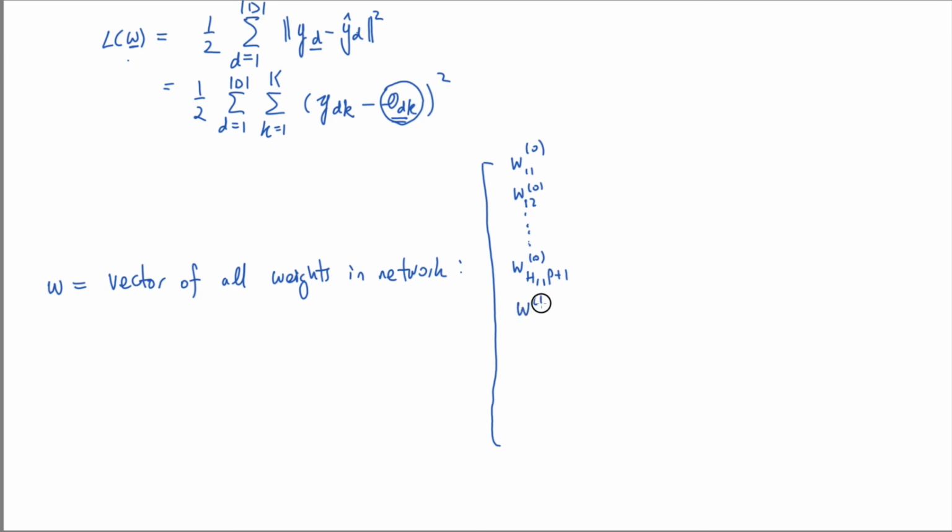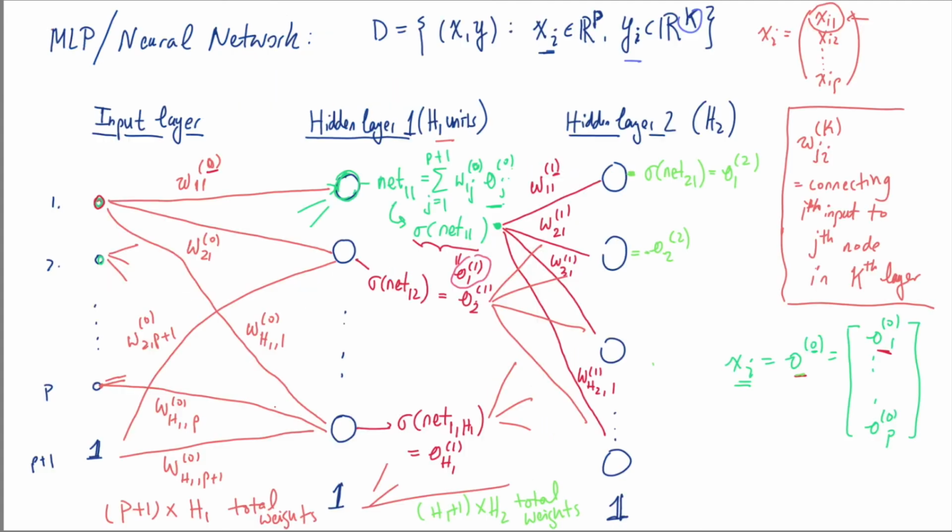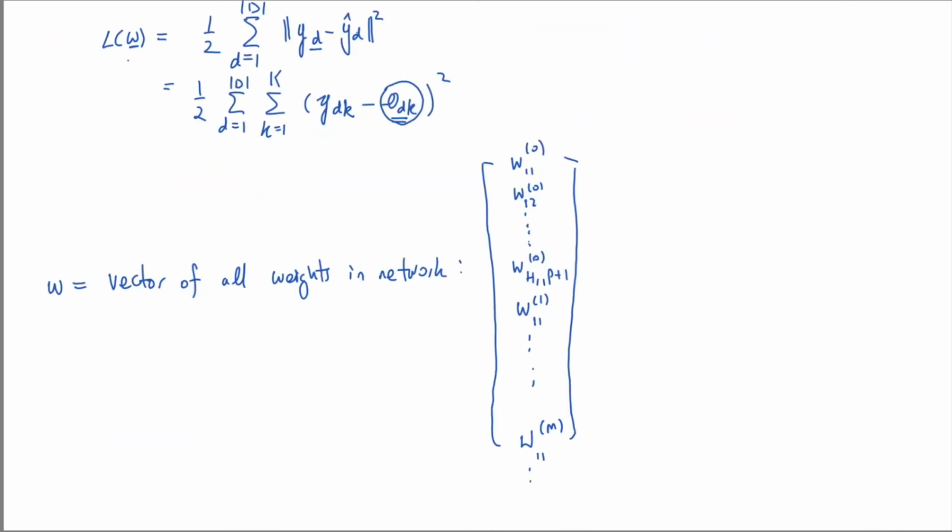Then you look at the weights between the first two hidden layers, 1, 1, and everything up to the mth layer, and you keep going. Okay, so this weight vector is all weights in the network, everything from the weights in this layer to the weights in this layer to the weights in the last layer. We have to be able to tune those weights in order to get the network predicting reasonably.